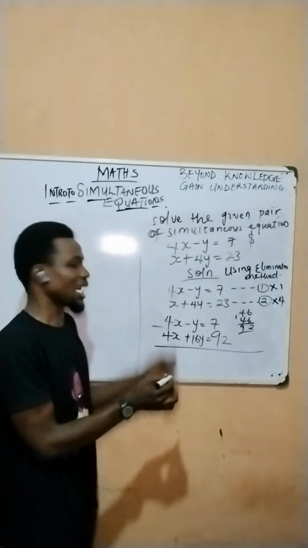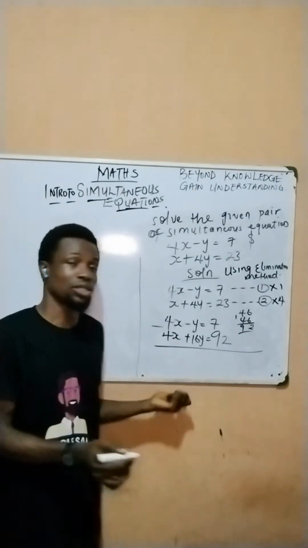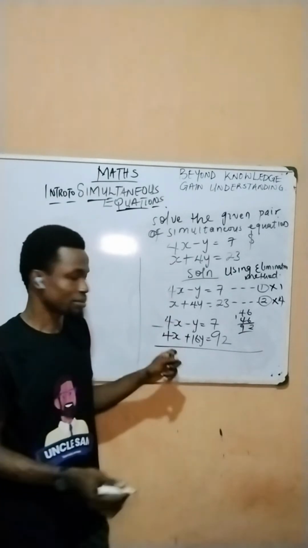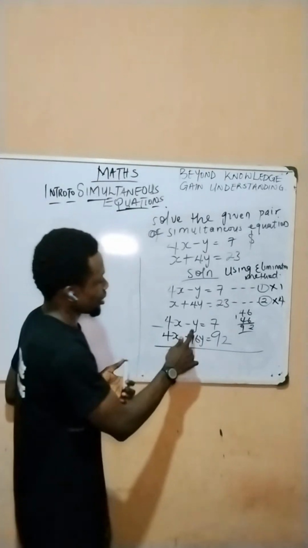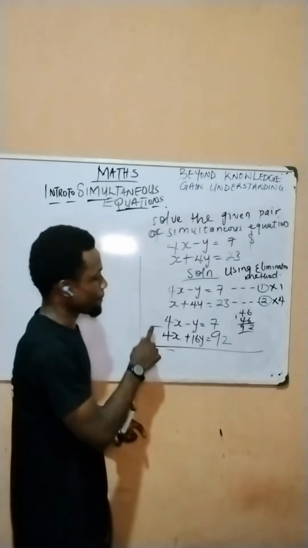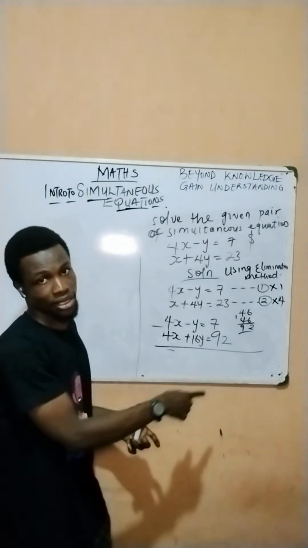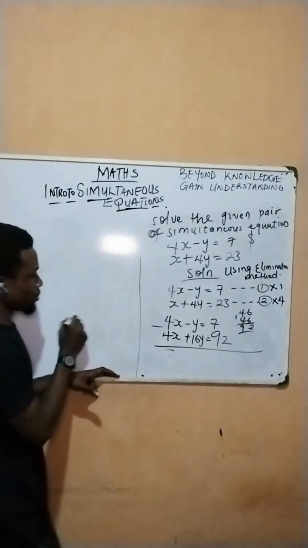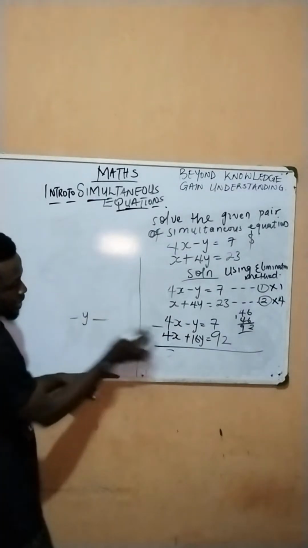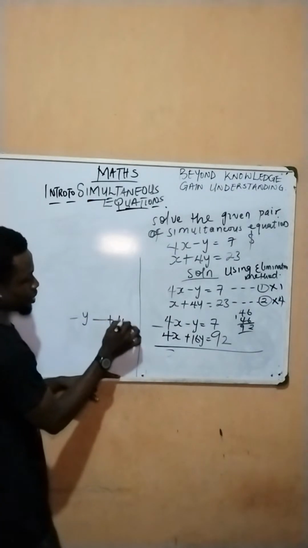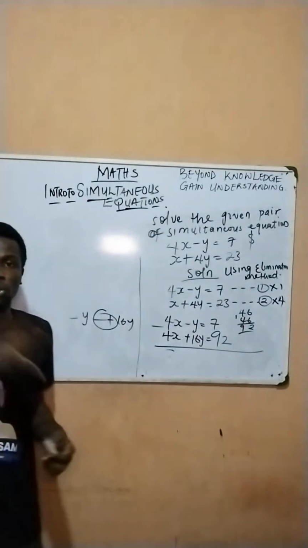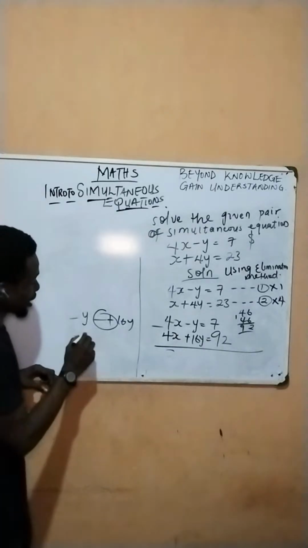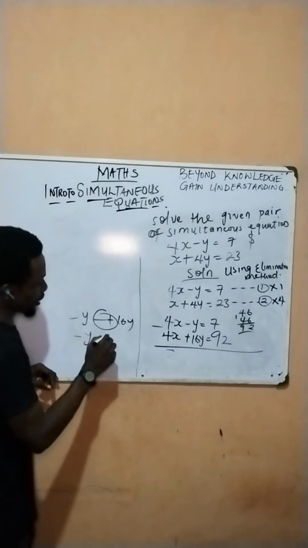Because I cannot possibly add; if I add, they will just be adding together. So 4x minus 4x is gone. It's as simple as 0. And then this is simply 0 minus y minus positive 16y. So it's more like saying minus y minus plus 16y. These will add on themselves. Negative times positive will give us what? Negative. So this seems like saying minus 9y minus 16y.